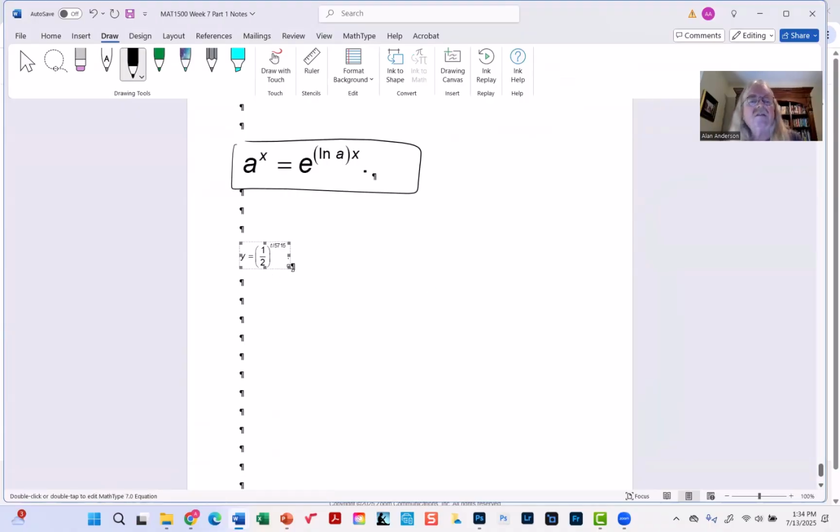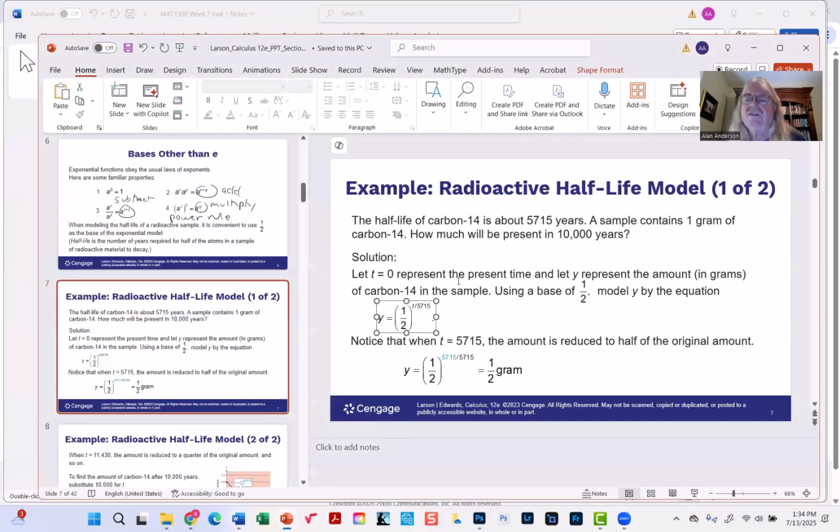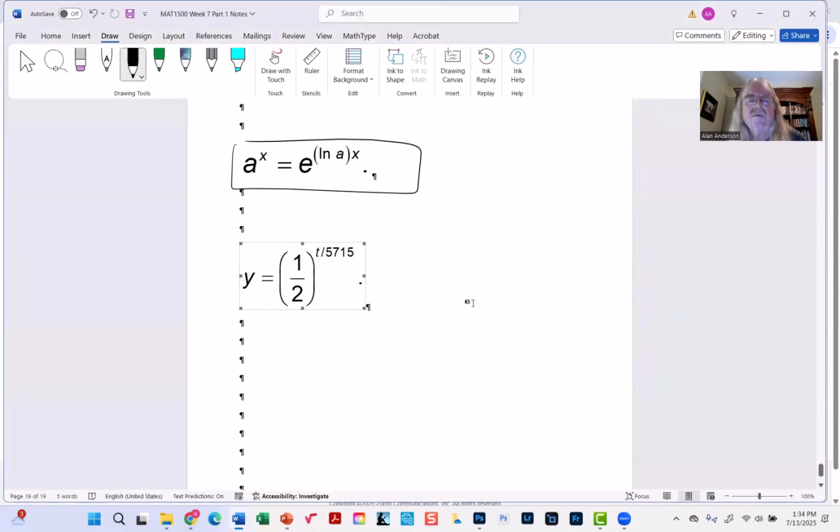And if you notice, it's t, the actual t. Now keep in mind, t equals 0 means today. t equals 1 is next year, t equals 2 is the year after. Okay. So we'll let t equals 0 be now, the current time. And so this is our exponential decay model.